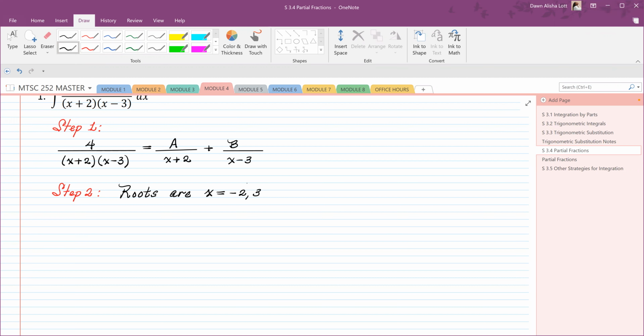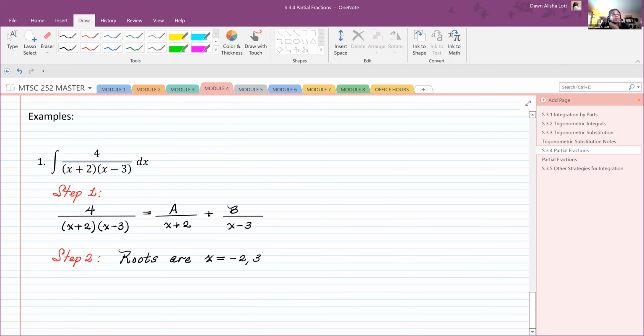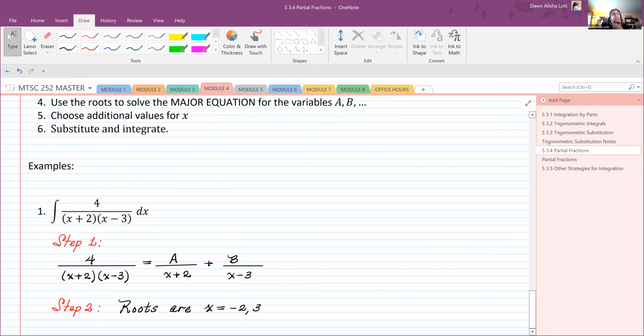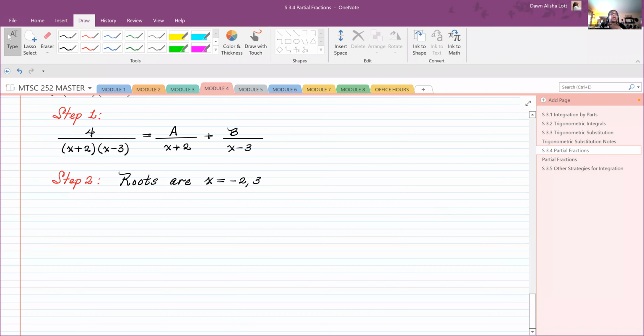Okay, so now that we have the roots, step 3 says find the major equation. In order to find the major equation, we're going to need the least common denominator.